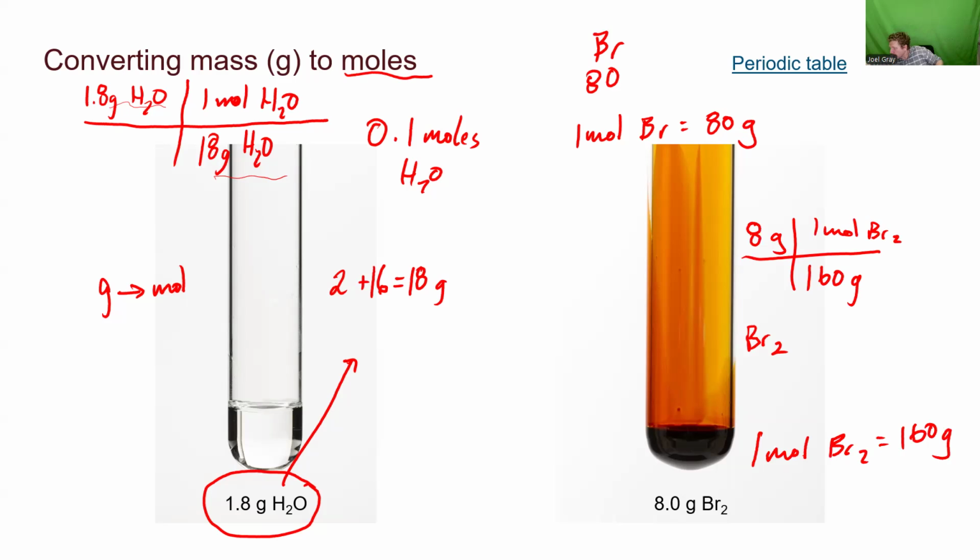I'm going to plug that into my calculator. And whenever I do that, 8 divided by 160 is 0.05 moles of Br2. Okay. So that's how we take a mass to figure out moles.